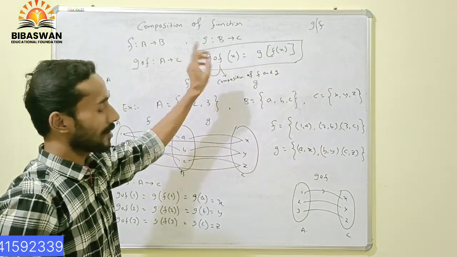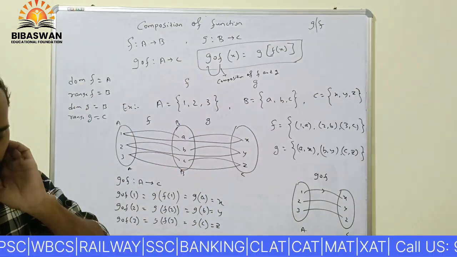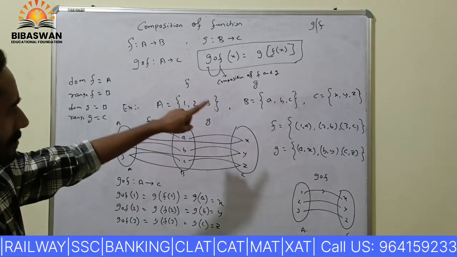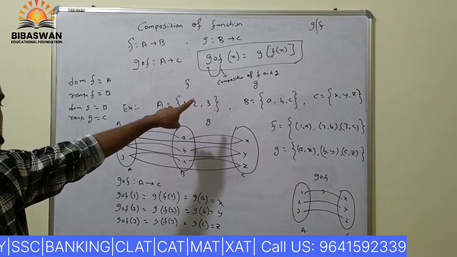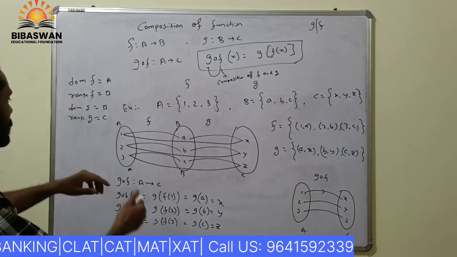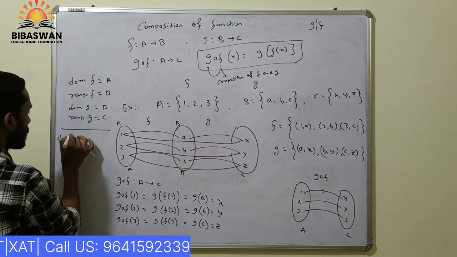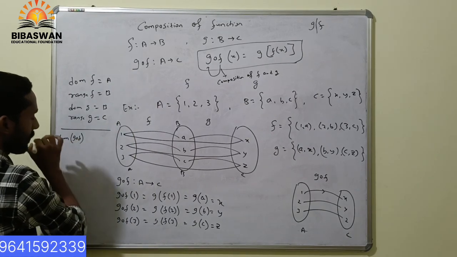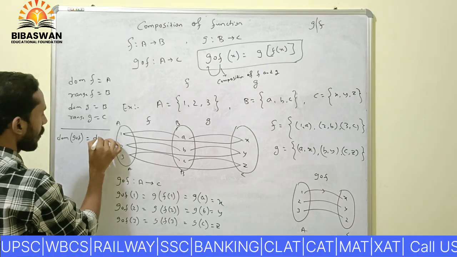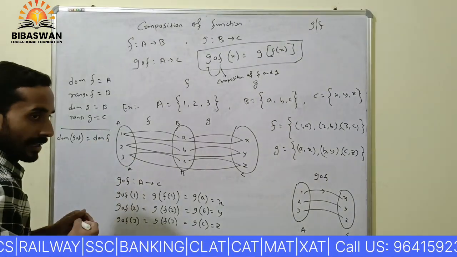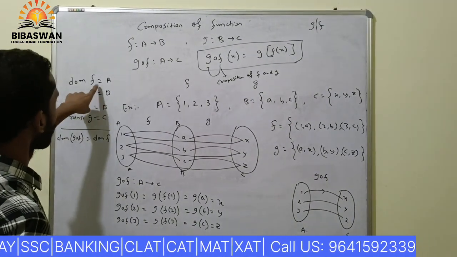GOF, the composition of F and G, works only when the domain of G of F is equal to the domain of F. Understood here? Very clearly. Look, domain of F, what?